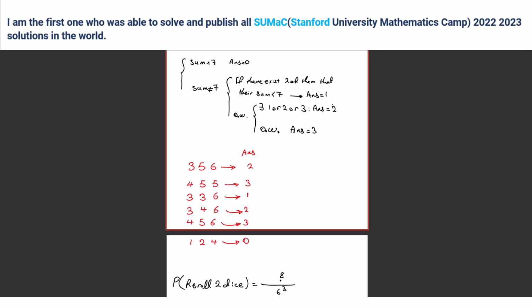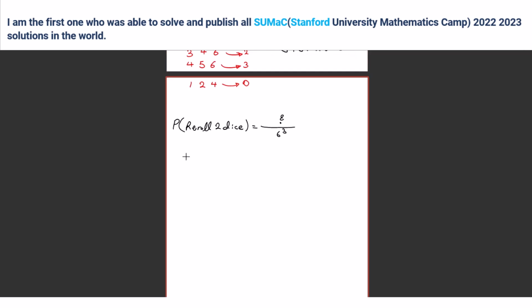Let's consider what conditions we have. The sum is not 7, because if the sum is 7, we reroll 1 die. The sum of each 2 is at least 7, and we should have 1 or 2 or 3. We need these conditions to reroll 2 dice. Now we should calculate all of these cases.